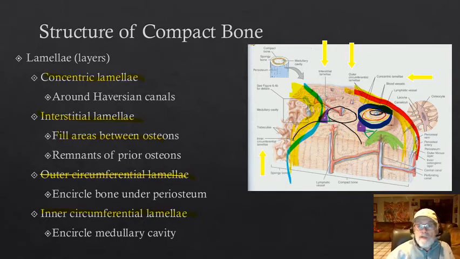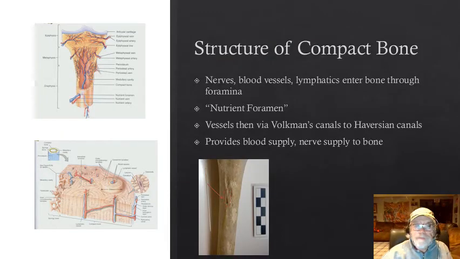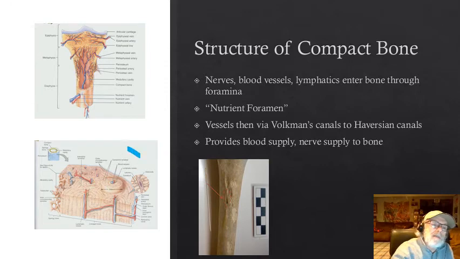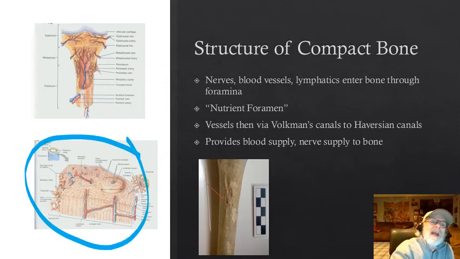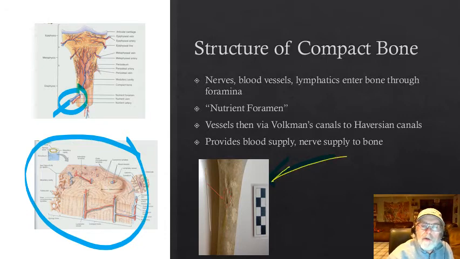That's the outer portion of the bone, like we talked about in the diaphysis. Again, this is the same image that I showed in the last one, and this actually shows what we talk about as a nutrient foramen, and how a nutrient foramen will enter a bone in a certain area. This is the tibia. This bone right here is the tibia, and this area right there is where the nutrient foramen enters.